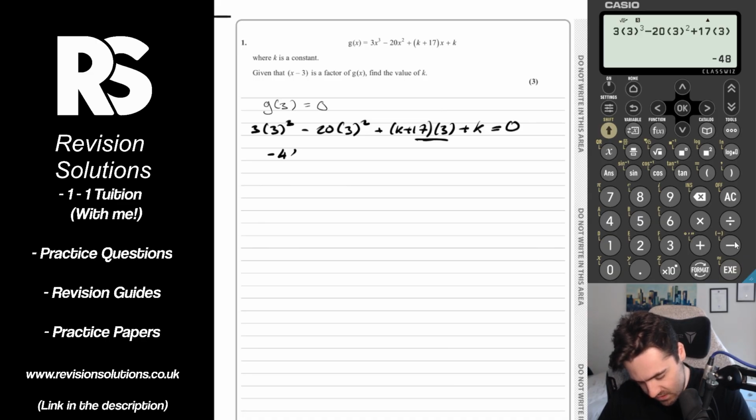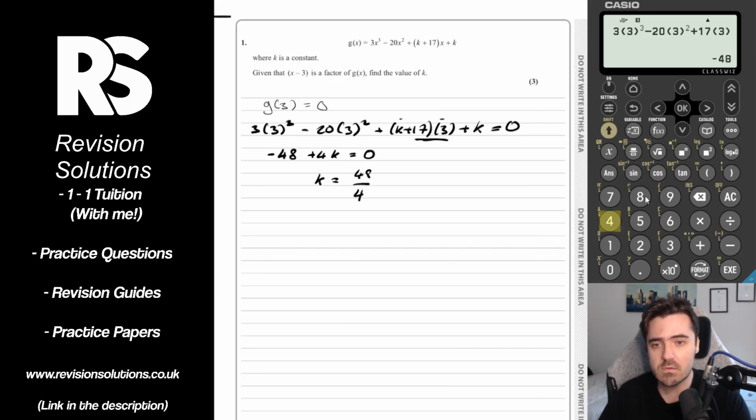Then grouping up the k terms, we get 3k from this and this, and another k on the end, so that'd be plus 4k equals 0. So k is going to have to be 48 divided by 4, if we rearrange. 48 over 4 gives us k equals 12.